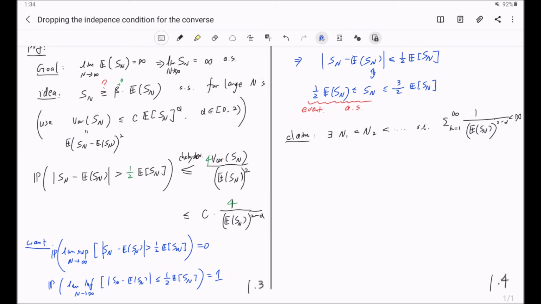This is an elementary fact. Do you see why this is true? I would like you to think about it for a while.